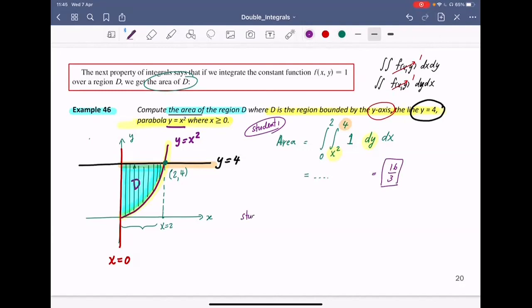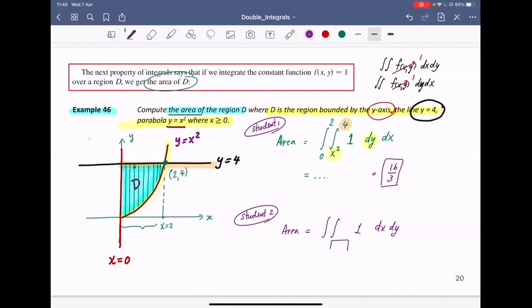Let's say I have student number 2. Student number 2 says, Ajahn, what if I want to integrate dx dy? Can I do that? The answer is yes, you can do it. What should I do? x is gonna be from where to where?